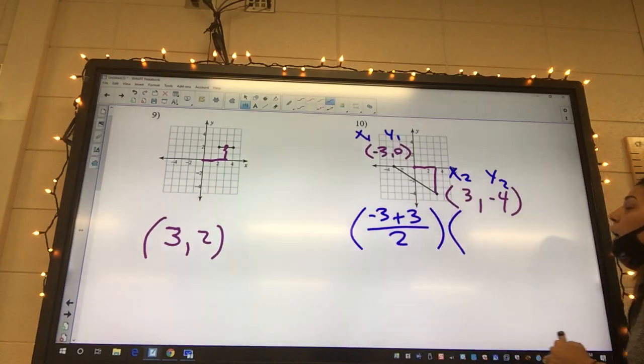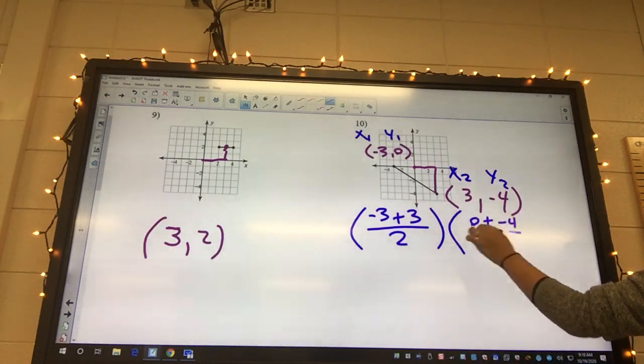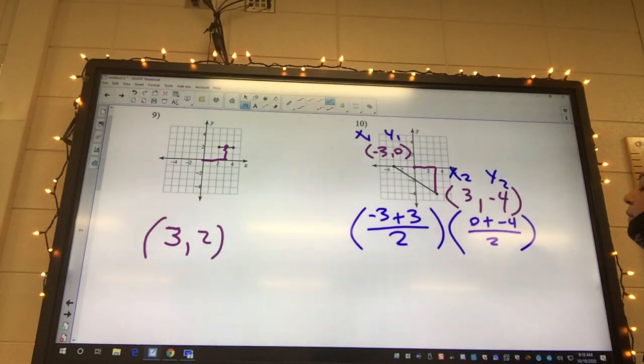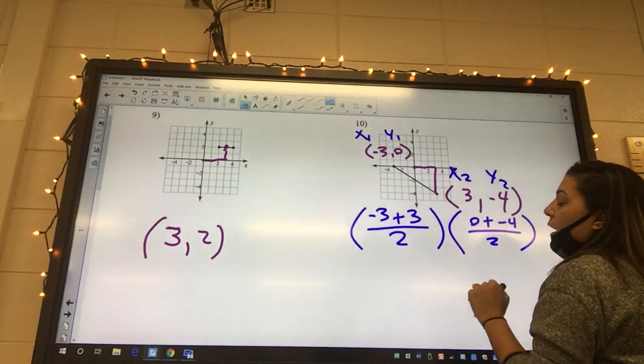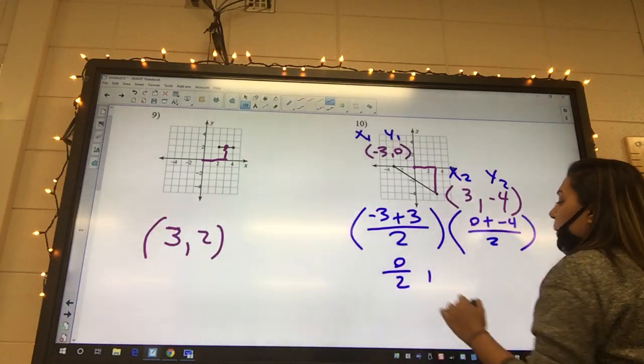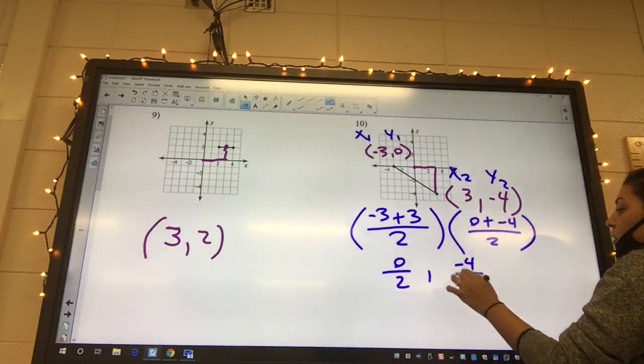And my x2 is going to be 3, over 2. Sorry, I had a brain fart. And then y1 is 0 plus -4 over 2. Okay, so for the top on this one, -3 plus 3 is going to be 0 over 2. 0 plus -4 is going to be -4 over 2.